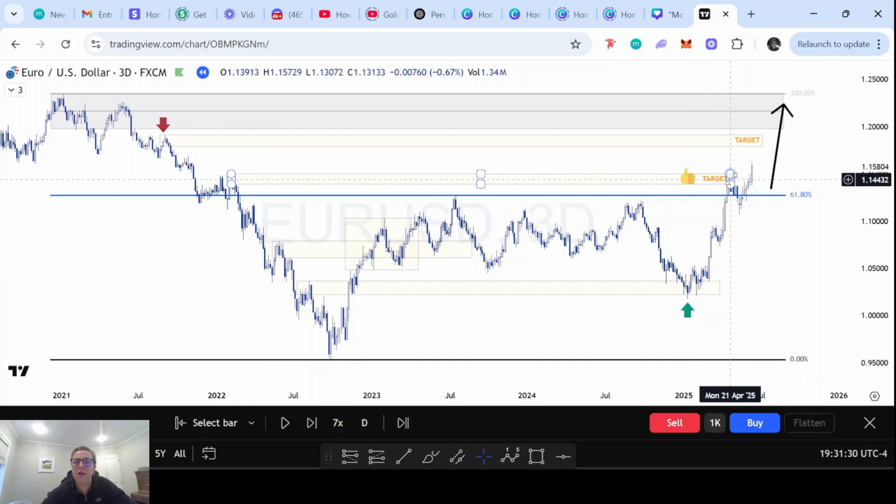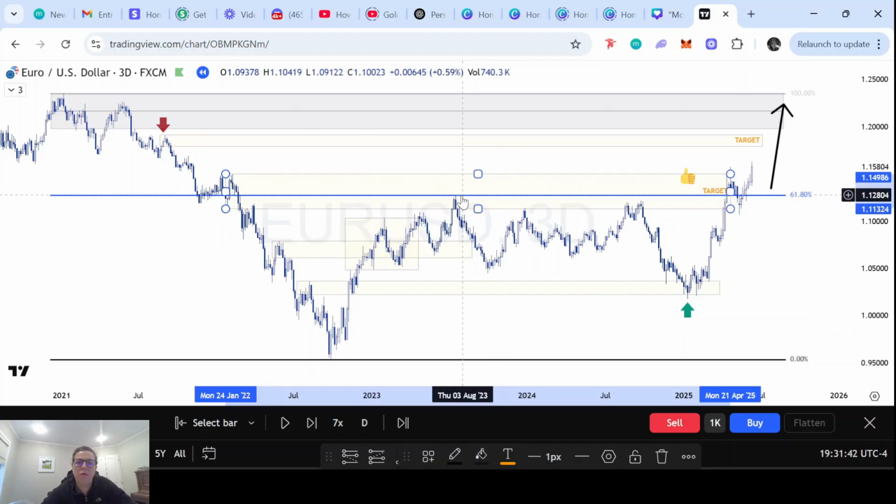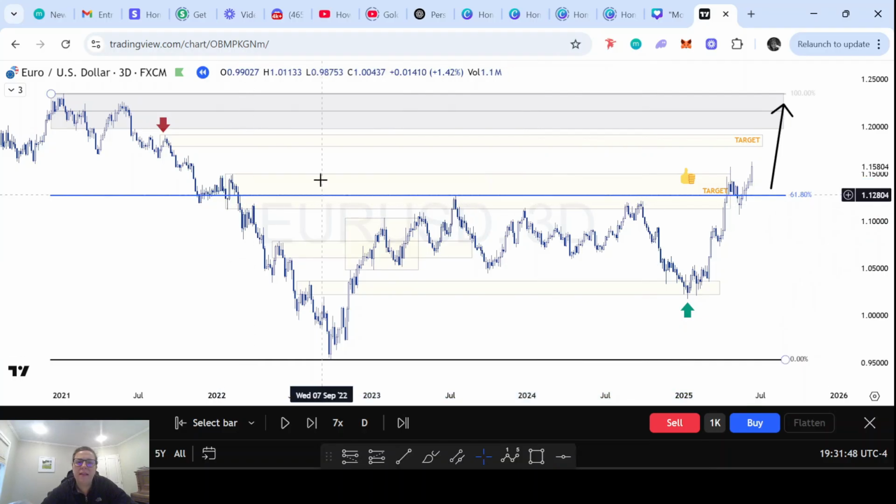So it confirms our break and our bias. But before that, if we looked at a wider structure of that, we were hampered here for 2 years where we got to this level and it formed resistance and it pushed us back down. Okay, so breaking these levels is really important for us to have confidence that the bullish case is still in play.